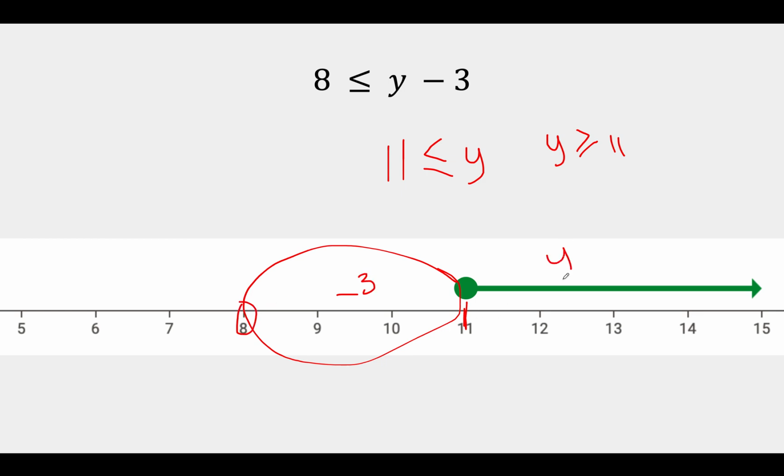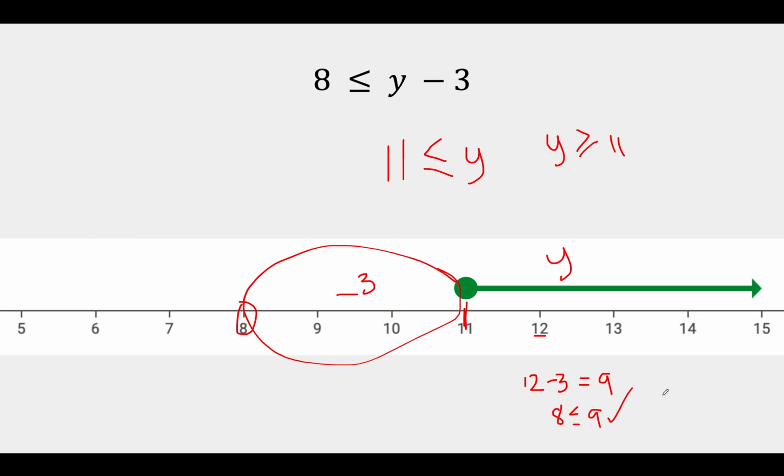So all of these numbers where this green line is could be numbers that you'd plug into this inequality and the statement would still be true. So you could pick 12. So 12 minus 3 is going to give us 9. And is 8 less than or equal to 9? Yes, so that's true.